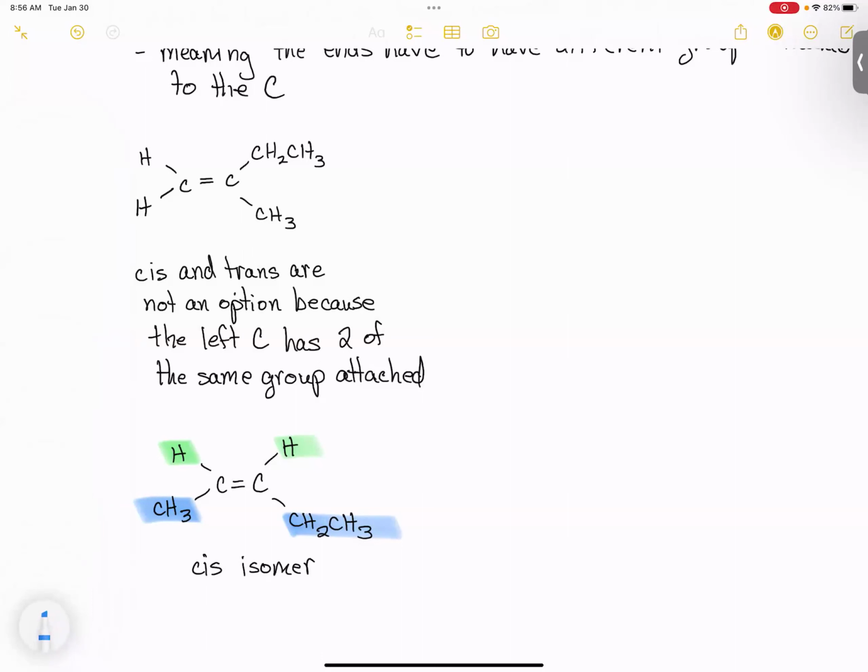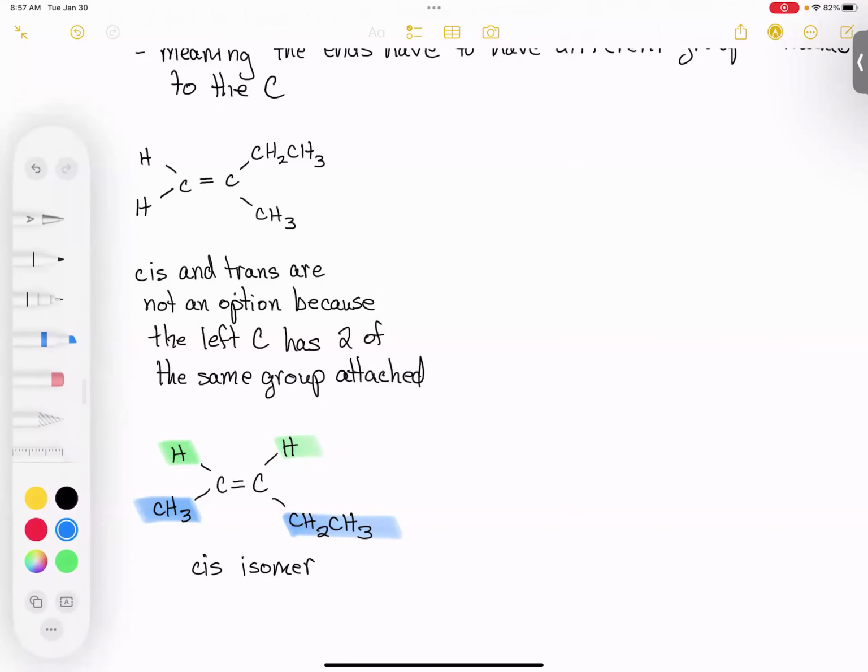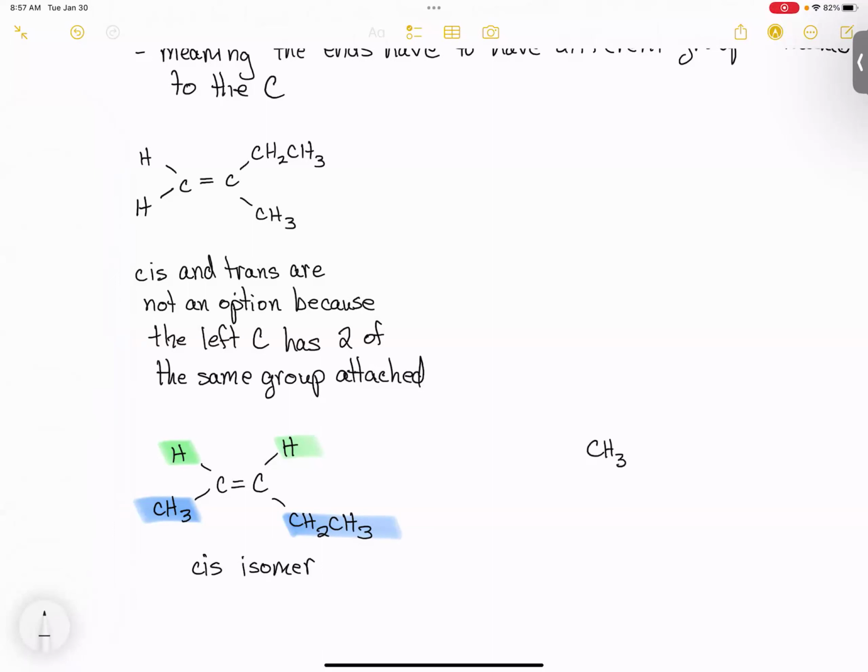This one is cis because the two big groups are on the same side, whereas this one would be trans.